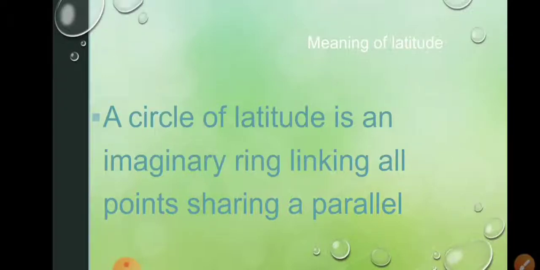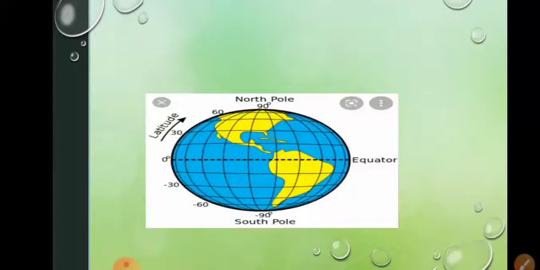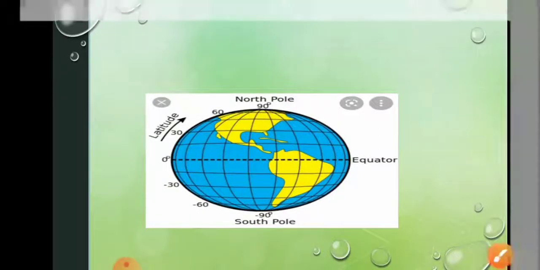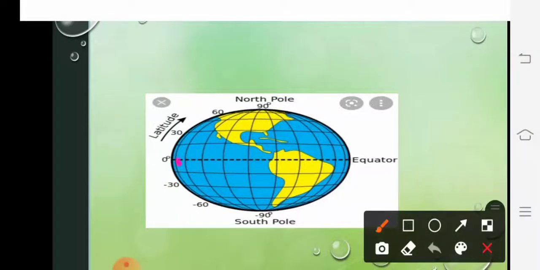Okay children, next we will move forward. Here you can see the earth is divided into north pole and south pole. The line in the middle, children, is called the equator. It divides the earth into north pole and south pole side.